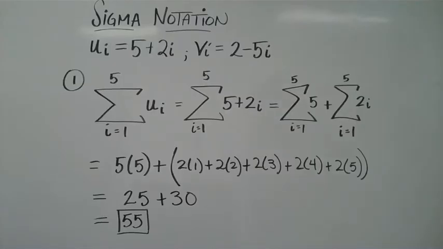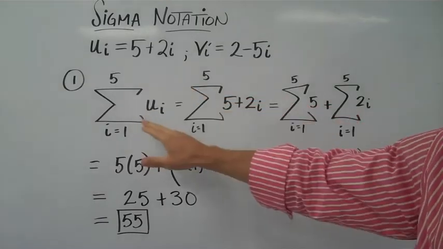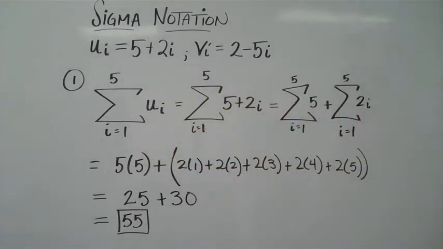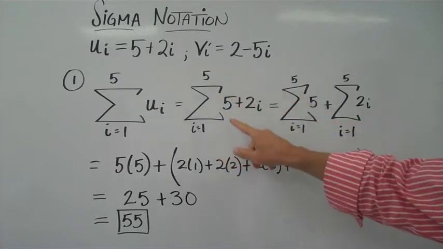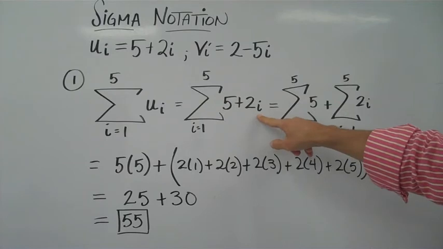Here we have our first problem involving sigma notation. If u_i equals 5 plus 2i, and v_i is equal to 2 minus 5i, what is the sigma of 1 to 5 of u_i? Well, we know that 1 to 5 of u_i is 5 plus 2i, and we know that this can be distributive.